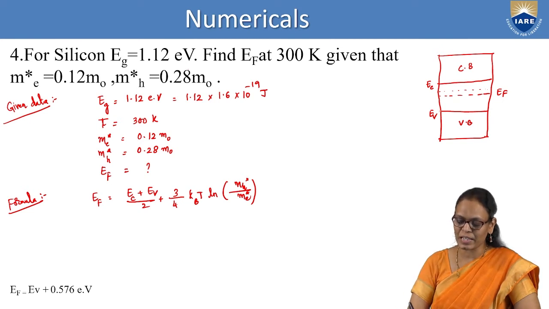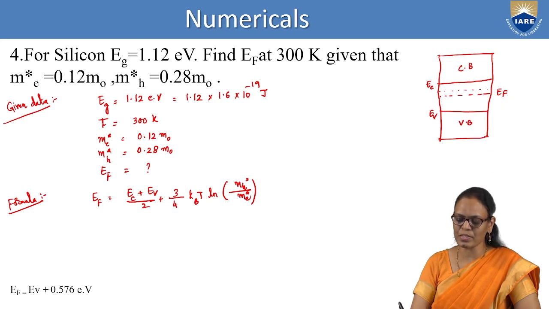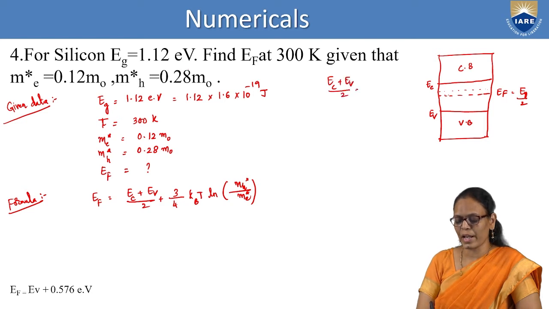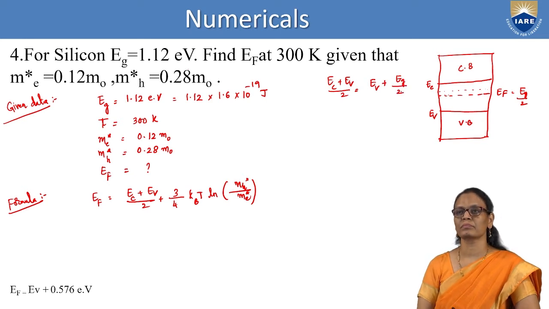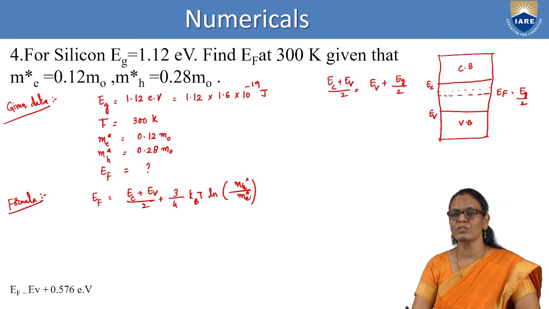Now, this is EV plus EG by 2 I can write here. What is the position of EF here? This is nothing but EG by 2. If I have to write the position of the Fermi level, I can clearly write it as EV plus EG by 2. (EC plus EV) by 2 can also be written as EV plus EG by 2. That gives us the position of the Fermi level.